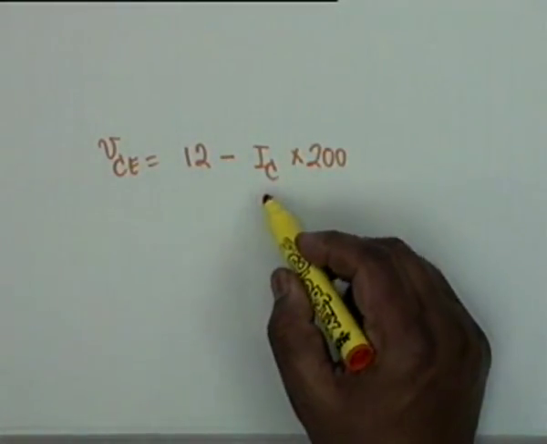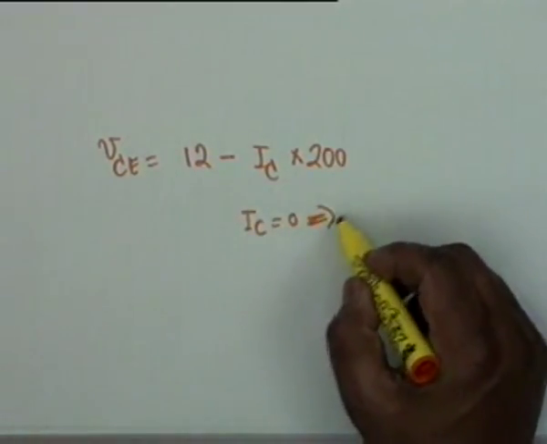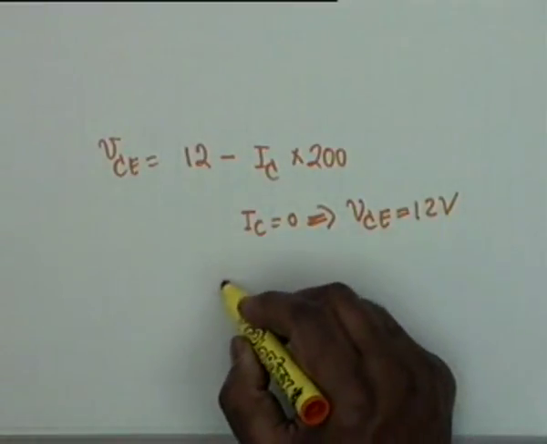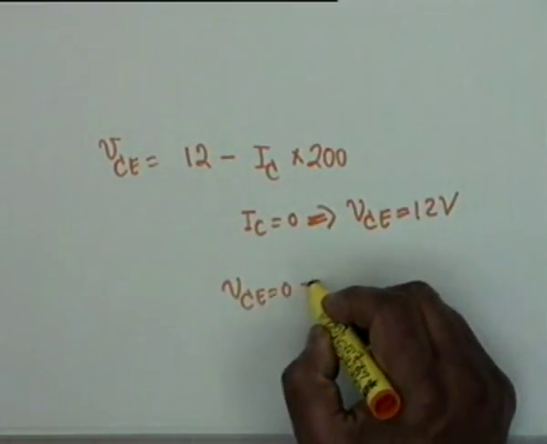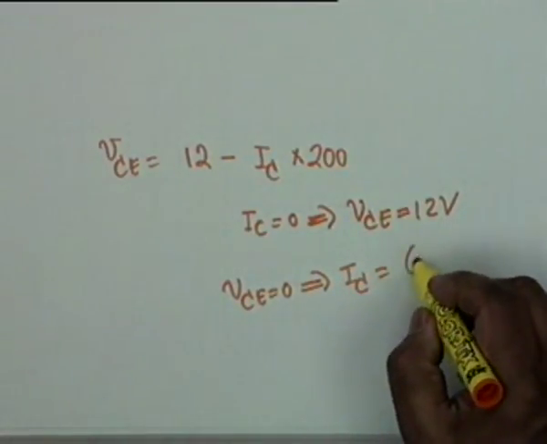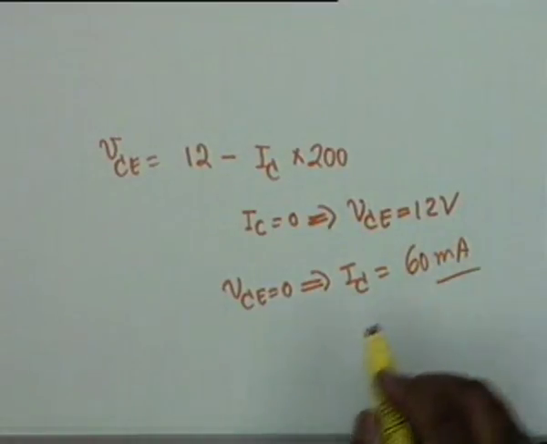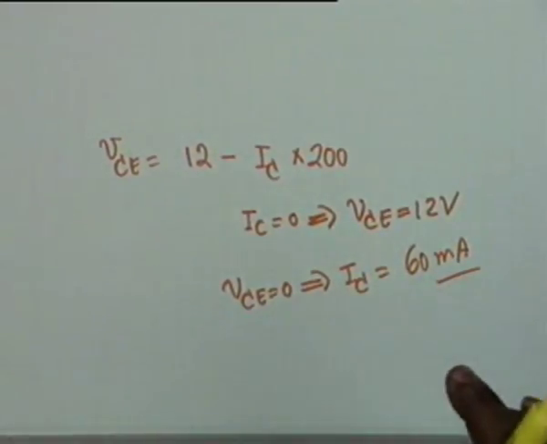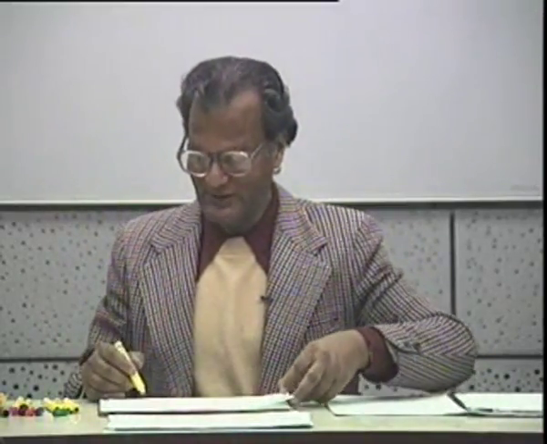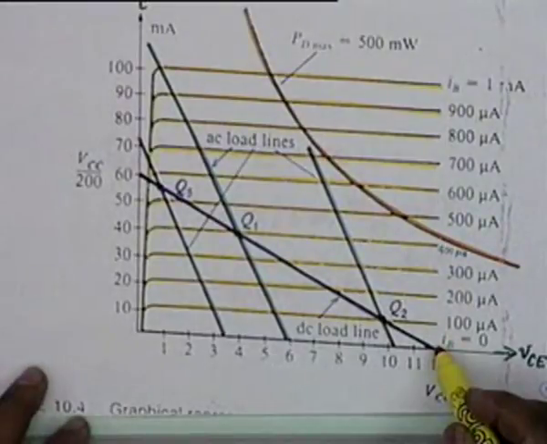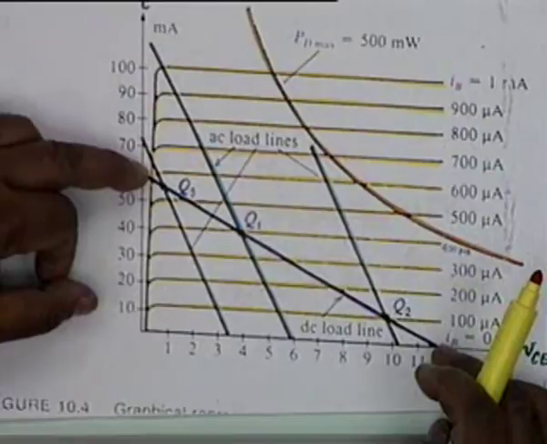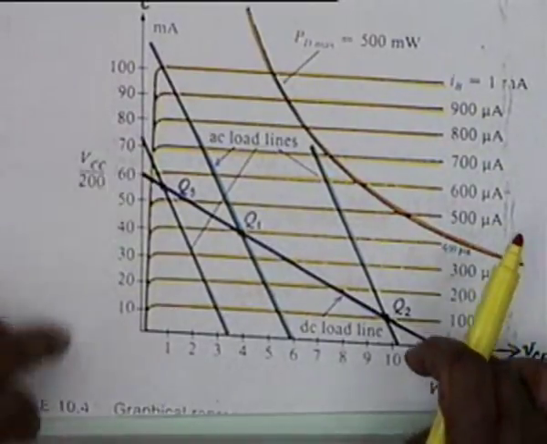So if IC is 0, VCE is 12 volt. And if VCE is 0, then IC is how much? 60 milliampere. Agreed? So to draw one straight line, 2 points are enough. These are the 2 points: 12 volt and 0 current, 60 milliampere and 0 voltage. So you join these two, then this is the DC load line.